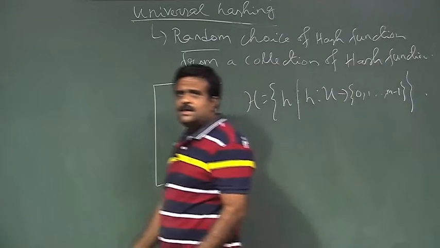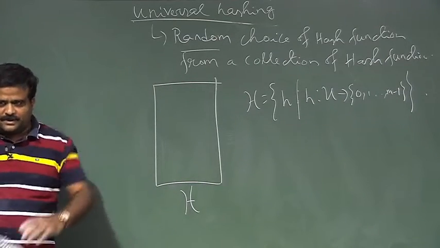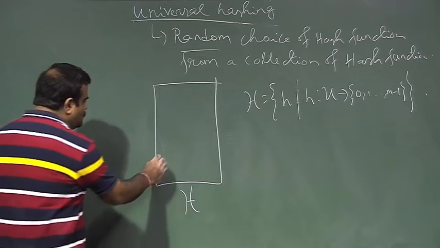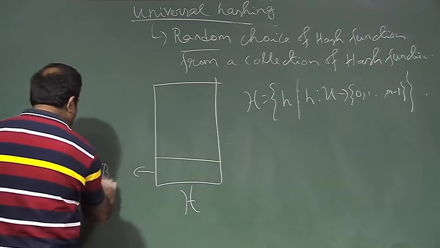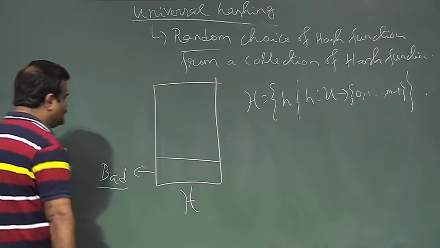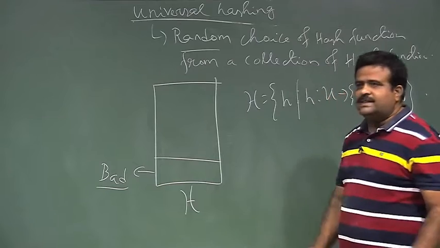So we consider the set of all hash functions, the collection of hash functions, such that among this collection there is a portion which is referred to as the bad portion. Bad in the sense that if we choose a hash function from this portion, then there will be a collision.